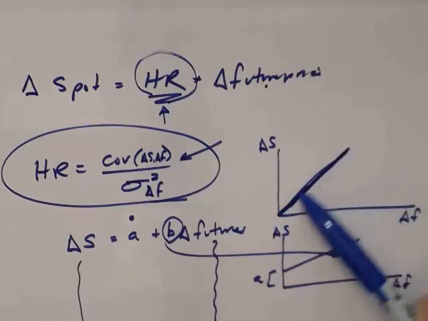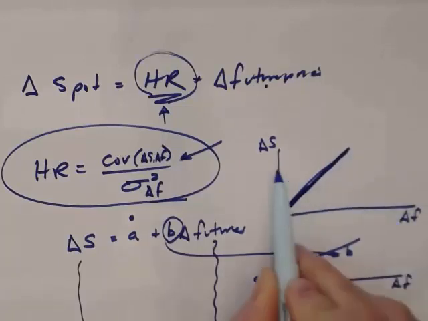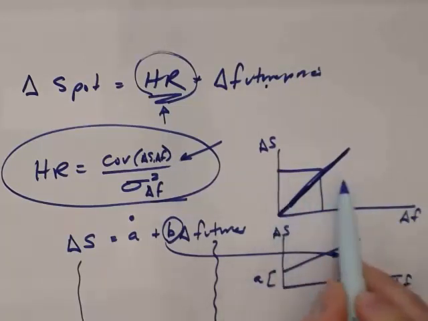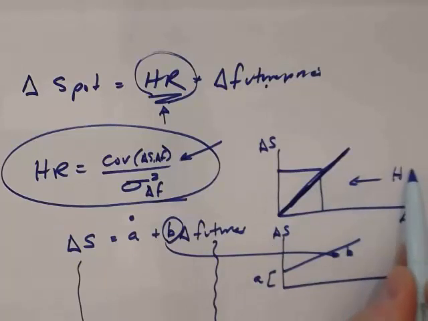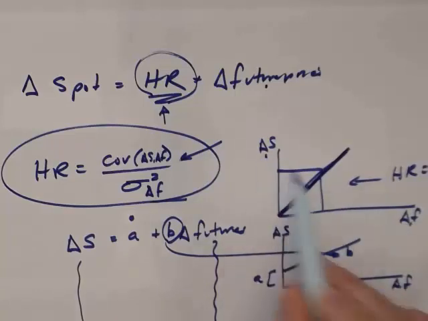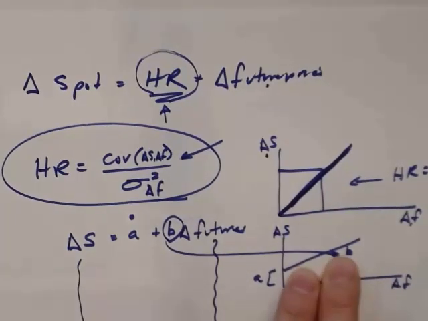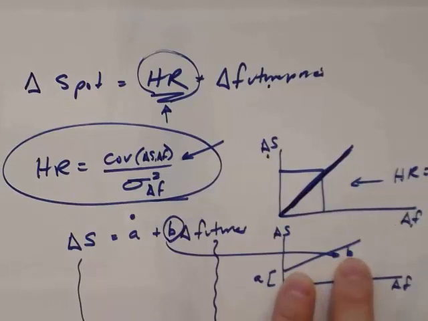This would mean they move perfectly in sync, and that would mean 1 to 1. That would be a hedge ratio of 1 exactly, because the change in the futures equals exactly the change in the spot, and you'd be right through the origin here. Well, it's likely that they don't quite move in sync with each other, so the slope is not 1 to 1, and there's going to be an intercept.